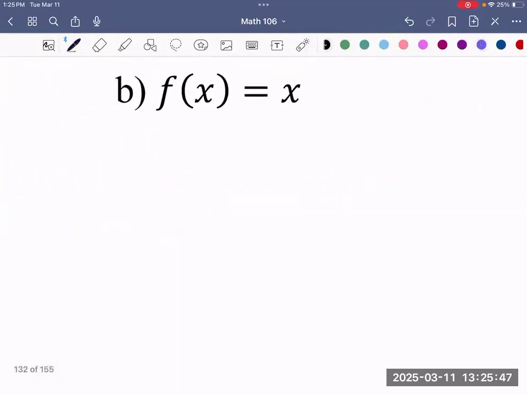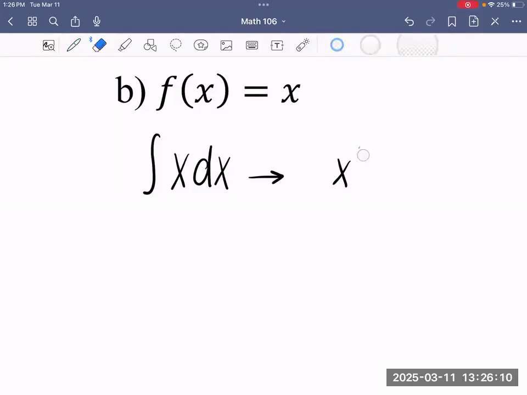Let's do it again. And I'm just going to rewrite the form, x dx. So once more, let's add. Step 1 is to add 1 to your exponent. So now we have x squared. We said plus 1, so now this is 2, because there was already a 1 here.